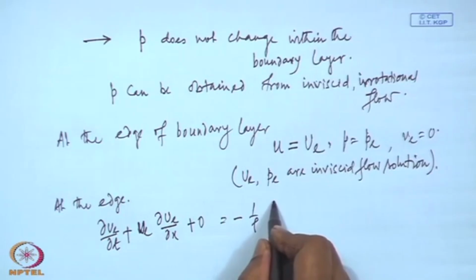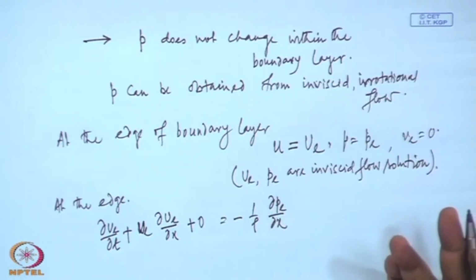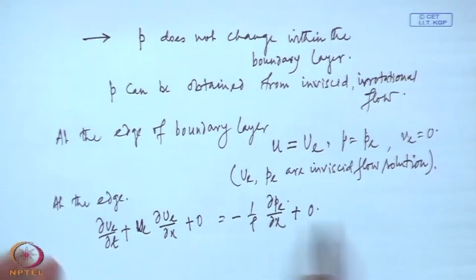Minus 1 by rho dp/dx; we need not write even the partial derivative here, because p does not change with y within the boundary layer. Plus nu d2u_e/dy2, which is 0, because there is no further change in u_e. So, these are related. If you consider steady flow, this is your conventional Bernoulli's equation.